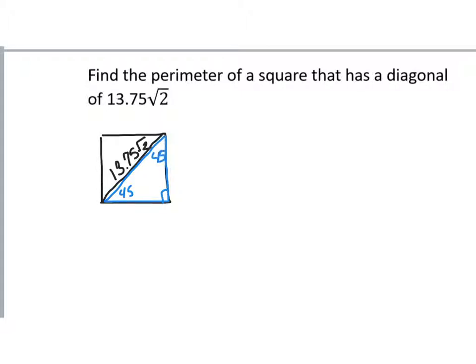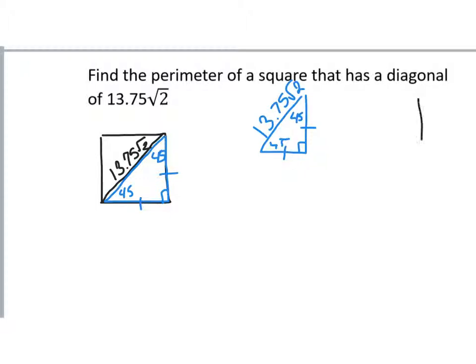Okay, so if I have a 45, 45, 90 triangle, and I know my hypotenuse, I need to find out what my two legs are. I know they're congruent because it's a square, right? And so we have two options. We could use our special rights, or we could use trig, even though this question is actually considered a special right question. If you forget the pattern, you're more than welcome to go trig.